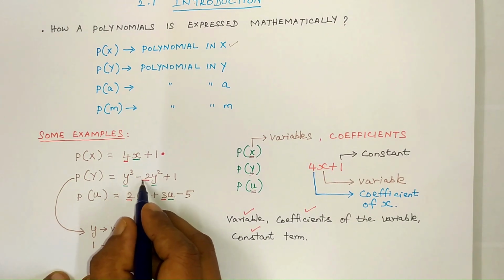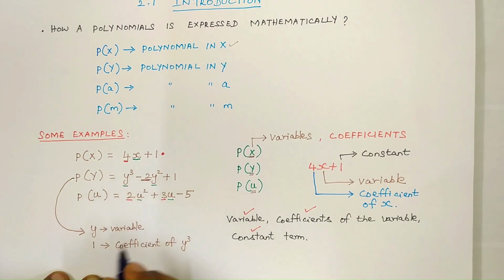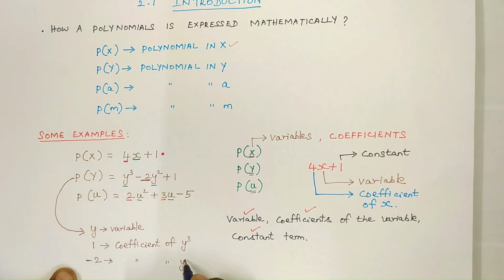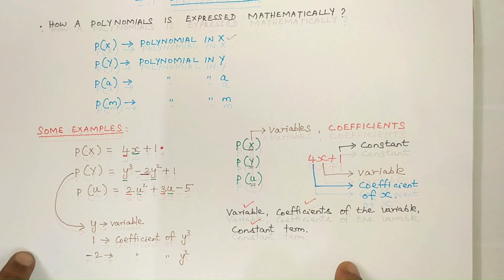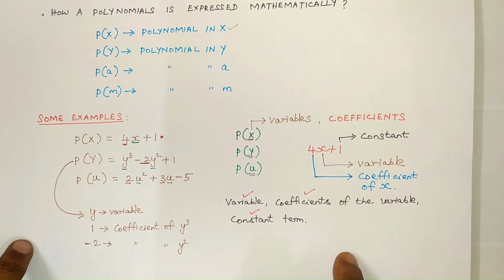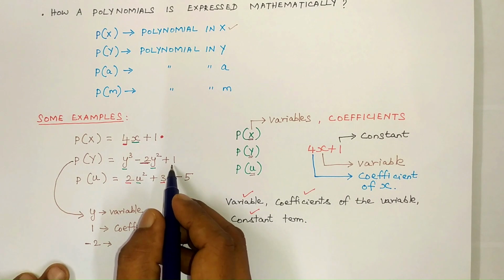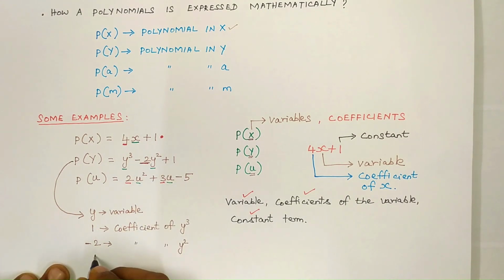Similarly, minus 2 is the coefficient of y square. Then what is the constant term? Plus 1 is the constant term. So I can write 1 or plus 1. That is the constant term.